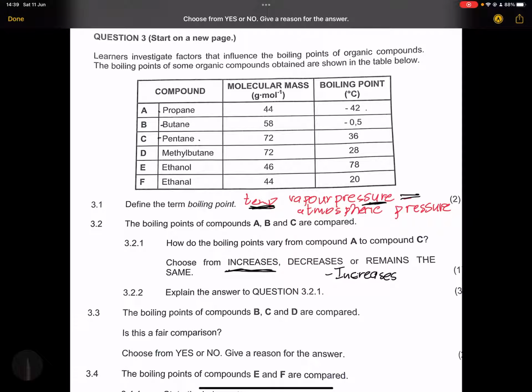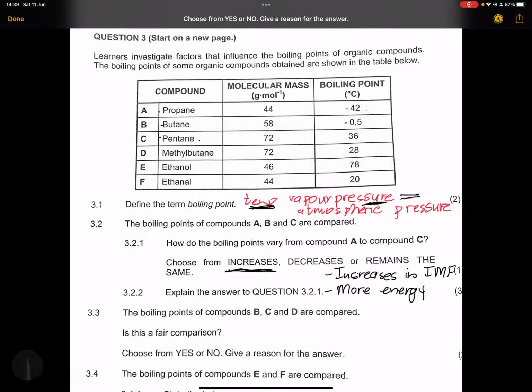So we note an increase in intermolecular forces first. They increase with an increase in chain length. So more energy is required. You remember to mention this every time.